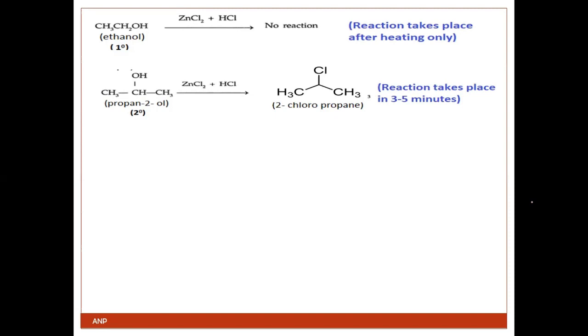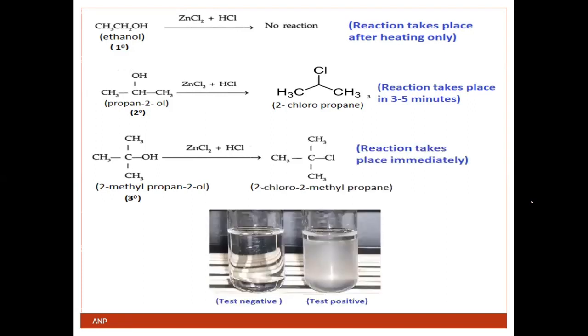Then tertiary alcohol, that is 2-methylpropan-2-ol, reacts with Lucas reagent and gives 2-chloro-2-methylpropane, and the reaction takes place immediately. So this is the positive Lucas test and negative Lucas test.